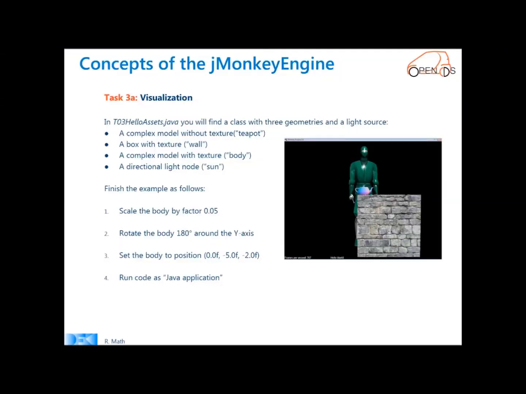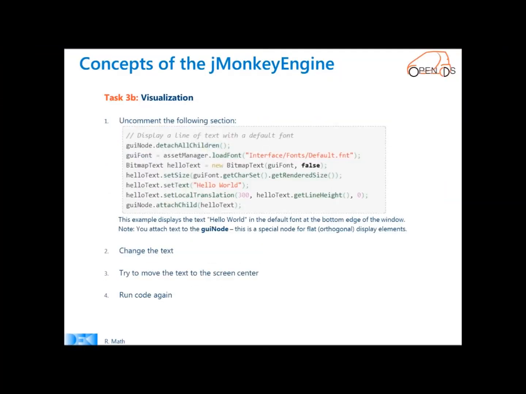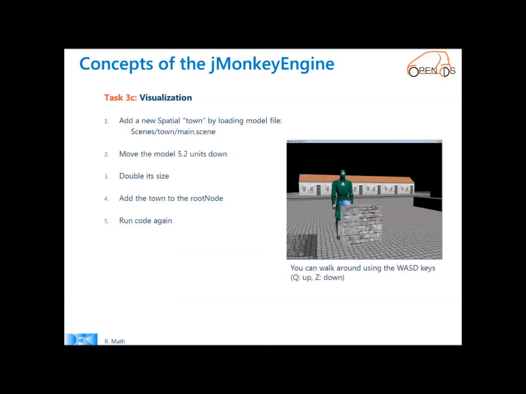To make the scenery even nicer, there is a task I think we skip. It's just adding text to the rendering screen. If you're interested, you can try this at a later point in time.